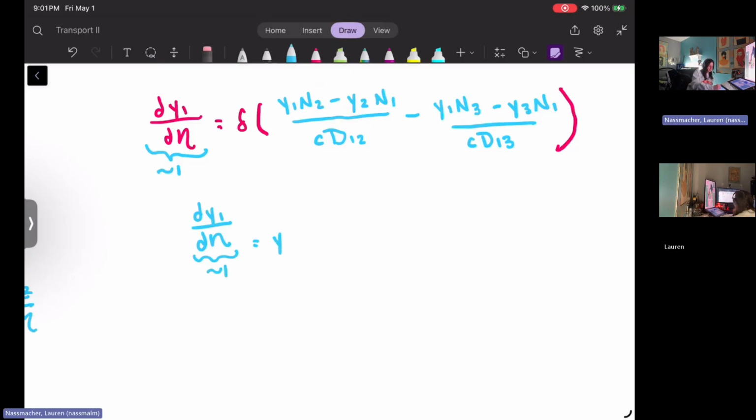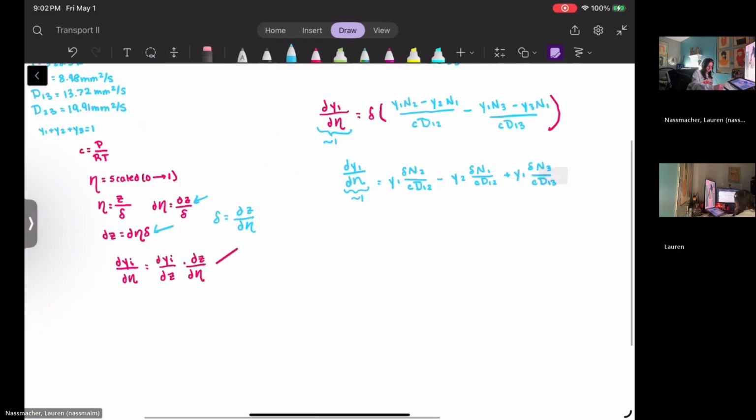We'll have our mole fraction of 1 multiplied by our thickness and our molar flux of 2 over our concentration and our diffusion coefficient of 1 to 2, minus our mole fraction of methanol times our thickness, molar flux of 1 over our concentration, plus our mole fraction of 1, thickness, molar flux of 3, our air, divided by our concentration and our diffusion coefficient of 1 to 3.